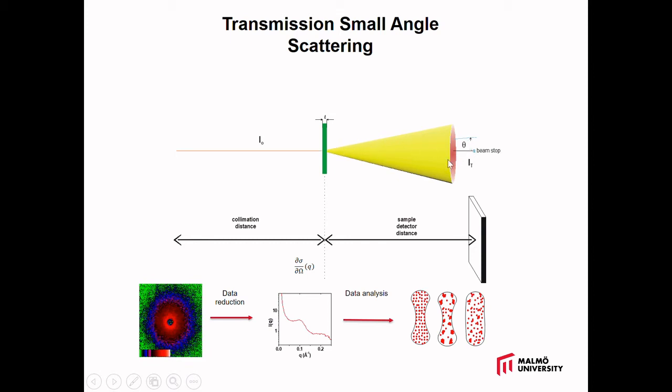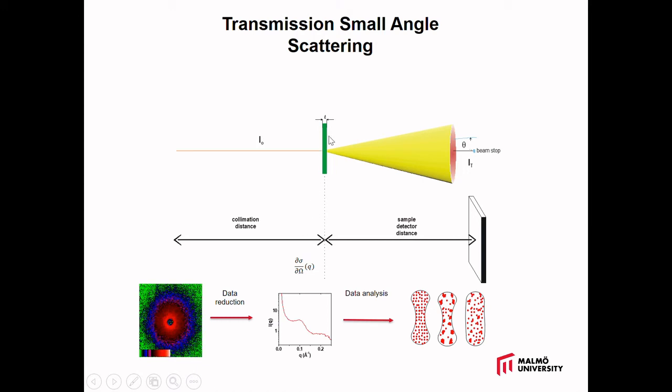And they interact with the sample and they're scattered, they spread out. And we measure the intensity as a function of angle. Without worrying too much about the analysis, what one is in fact doing is producing an image.